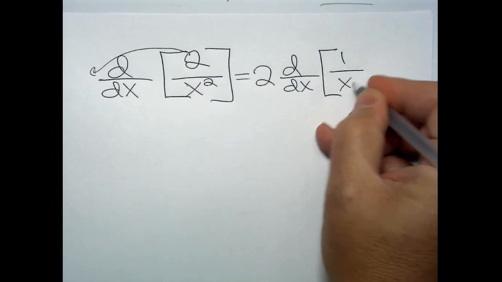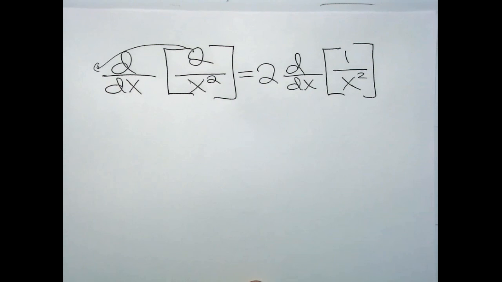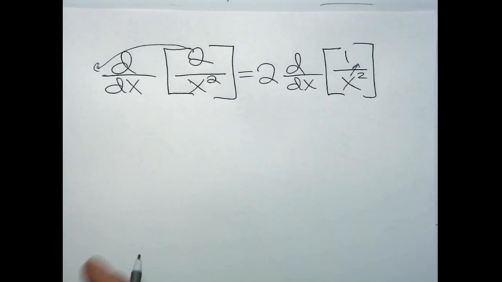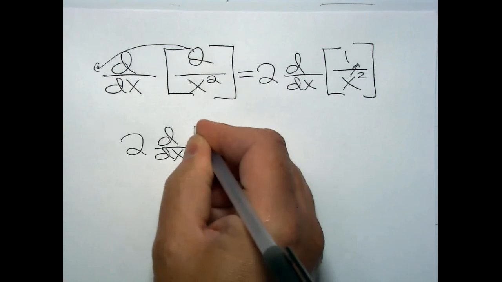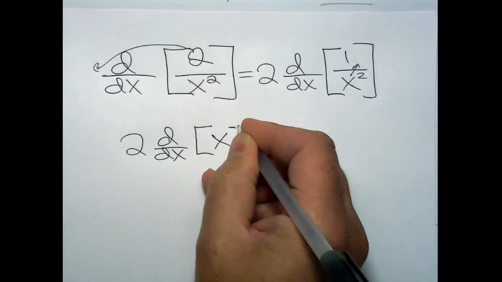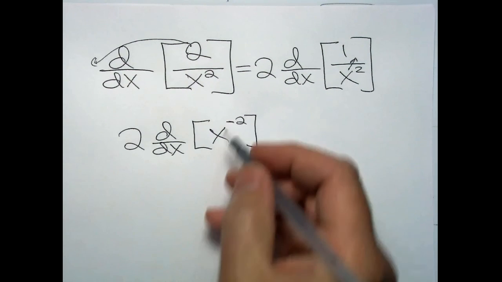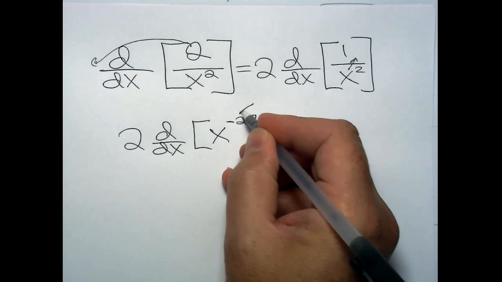Okay, that's fine, but you still have a fraction, and the only way to take the derivative of a fraction correctly is to use the quotient rule, and that is correct. But can't you just push this to the top? And won't it just become x to the minus 2? And you don't have a quotient anymore. You can just take the derivative the regular old-fashioned way. The regular way of taking the derivative with the power rule is you check this off.